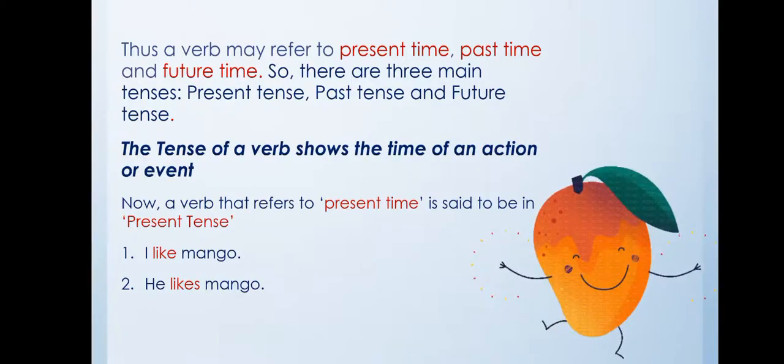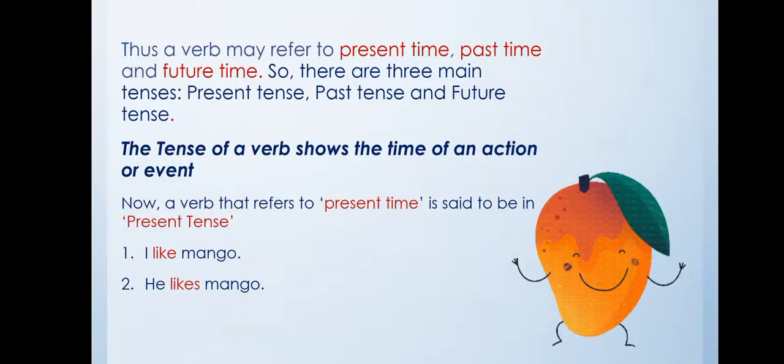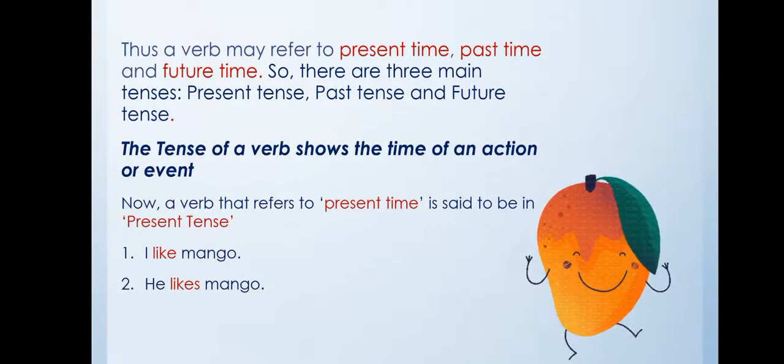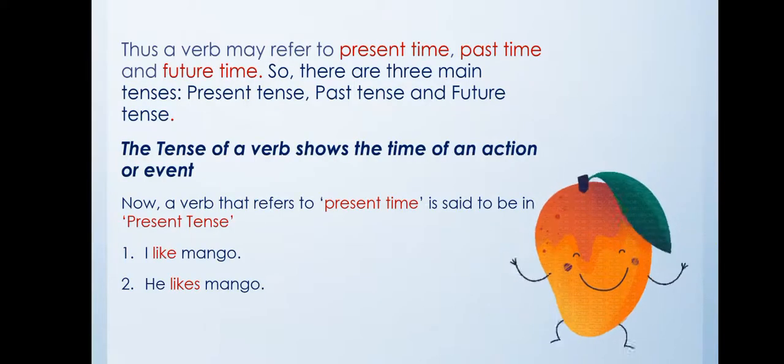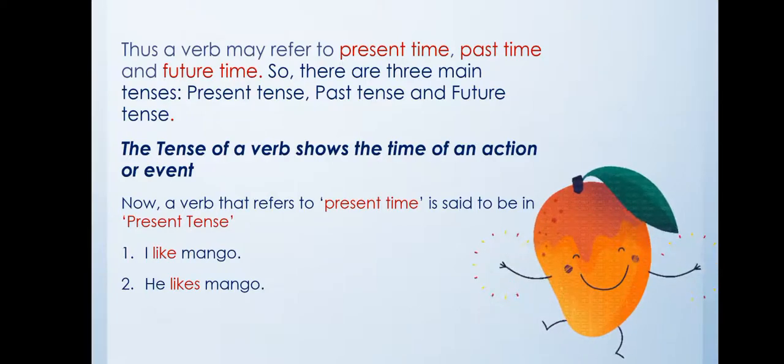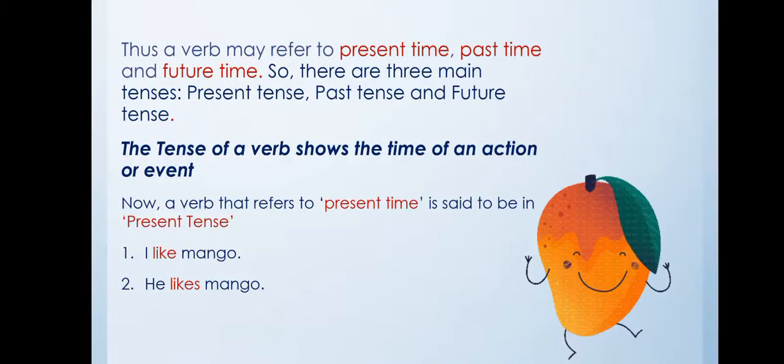Now, a verb that refers to present time is said to be in present tense. See the example. I like mango. So, like is the base form of the verb, or the first form of the verb. So, the sentence is in present tense.